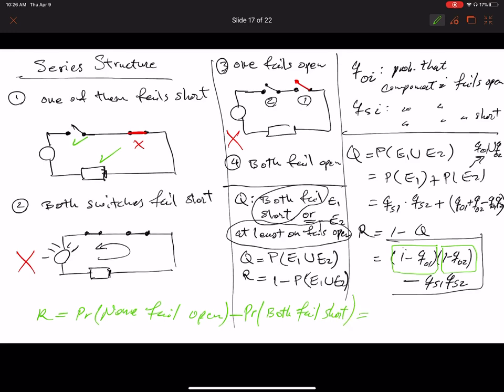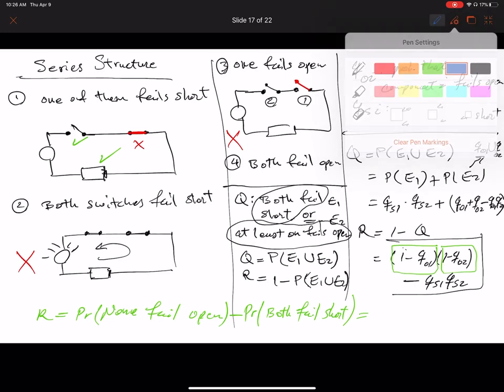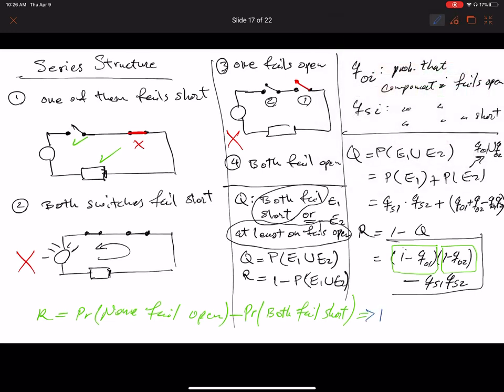And I want to generalize that and write, if you have n components instead of 2 in series, I want to write 1 minus QO or 1 minus all of them fail short. Product of QSi.